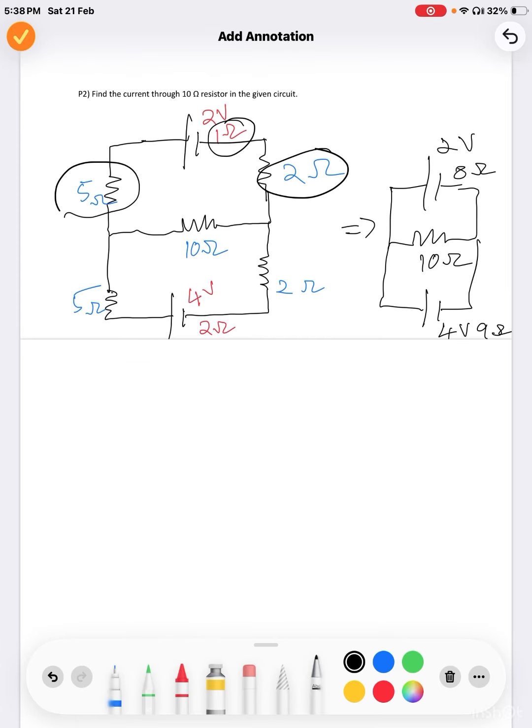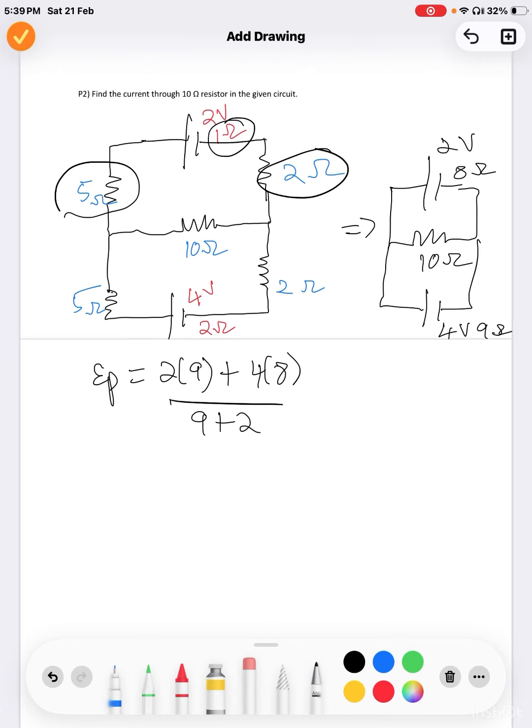So let's go. 1, 2, 3, go. Now, what is the EP value? E1 R2, so E1 is 2, R2 value is 9, and E2 R1, E2 value is 4 and R1 value is 8, divided by R1 plus R2. So R1 plus R2 is 9 plus 8, 17.